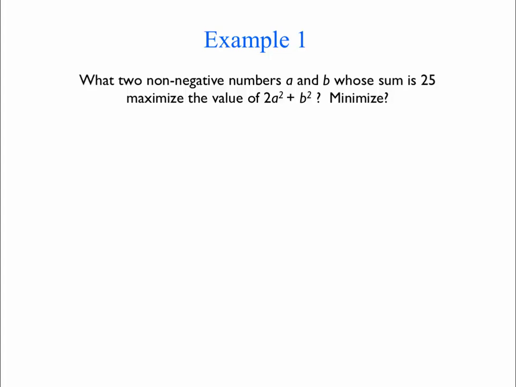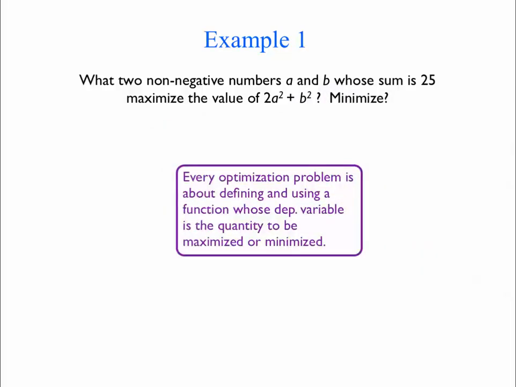Nope, that's a more specific detail. What is this problem all about? No. It's about defining and using a function whose dependent variable is the quantity to be maximized or minimized. It's all about a function. First we're going to define it, then we're going to use it and do these things that they were saying.